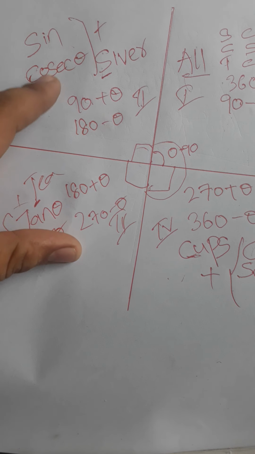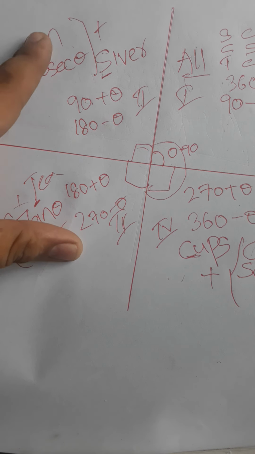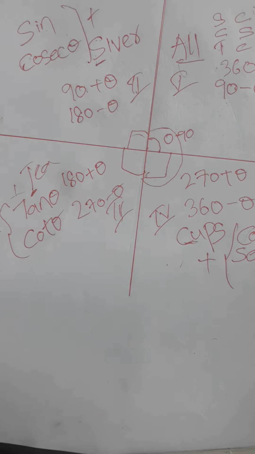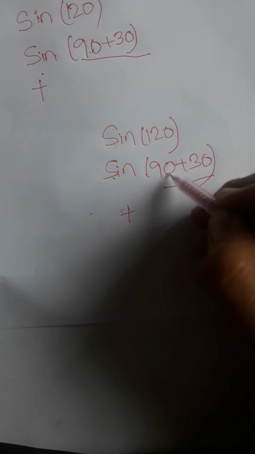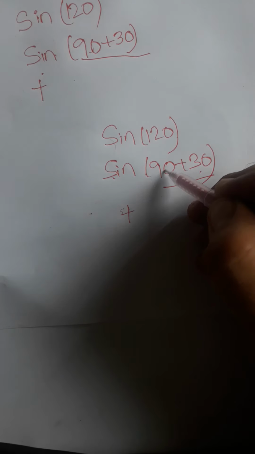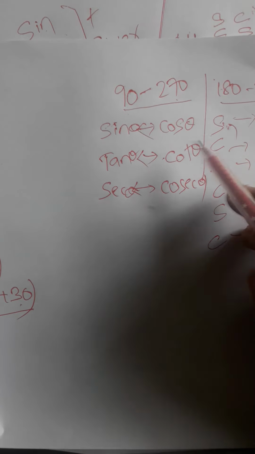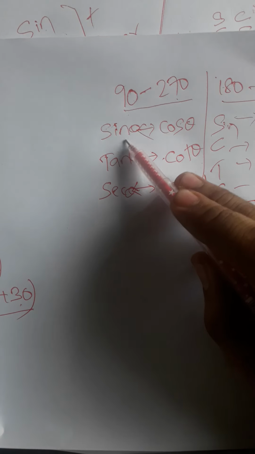In the second quadrant, sine and cosec are positive. So sine is positive. Okay. Now 90 plus theta, does the 90 value change or not? See here. At 90, sine changes to what? Sine changes to cos. So cos of 30. Understood? Again two examples I'll show for you.